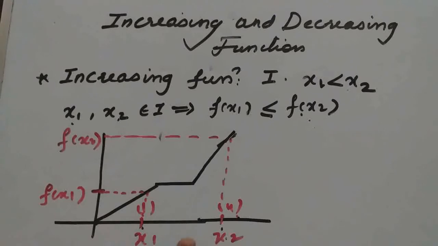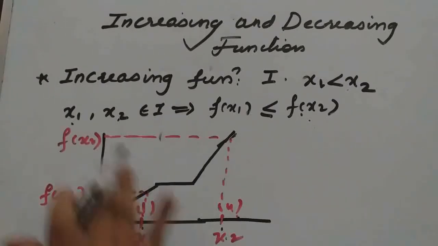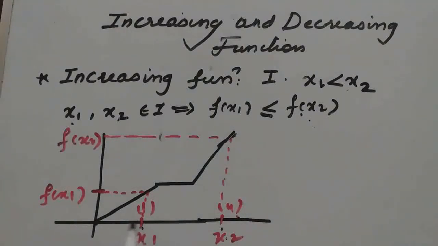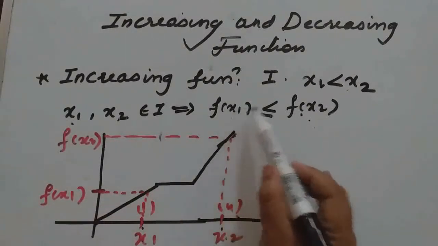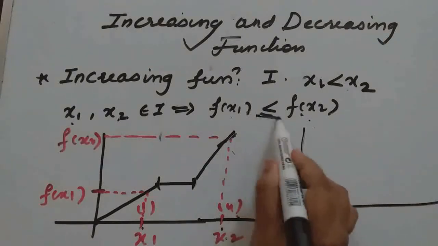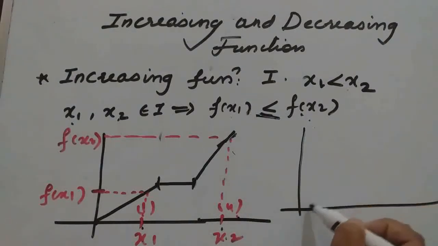So this will be the perfect graph example of the increasing function, because see, the case which I took, that f of x1 is less than f of x2. Sometimes from this interval here to here we can have f of x1 equal to f of x2, isn't it?